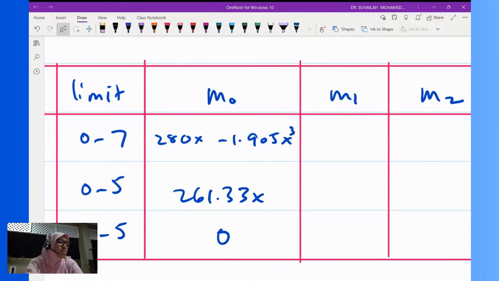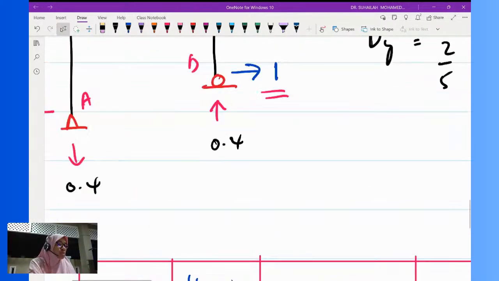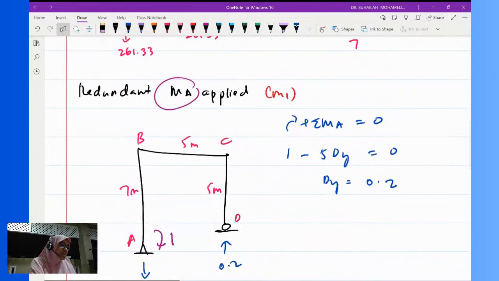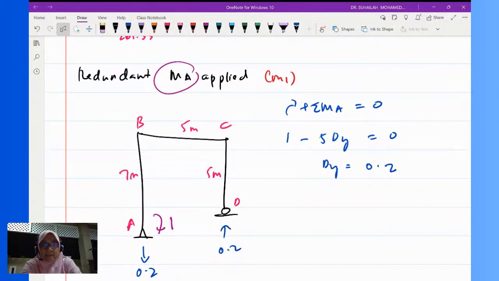Okay, now we want to write the moment equation M1. M1 refers to redundant MA applied.